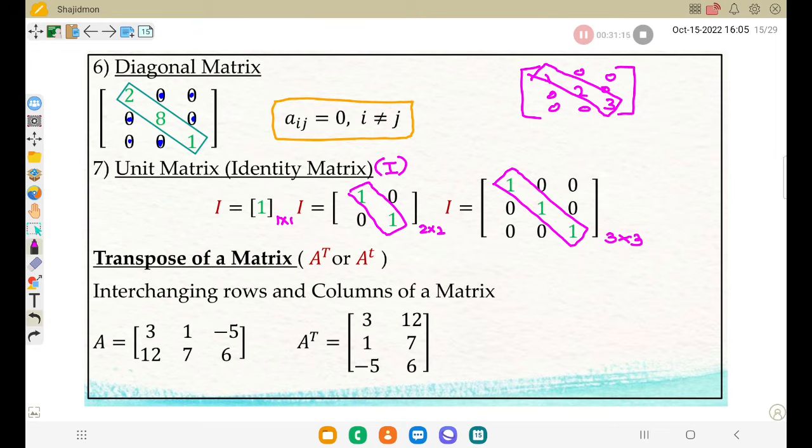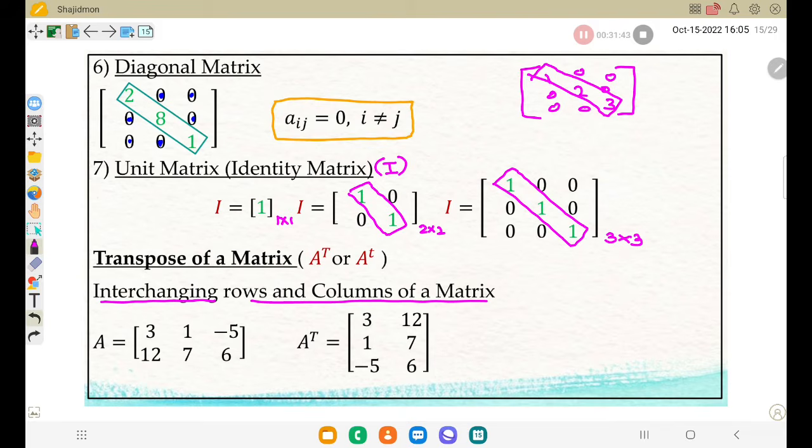Now we will go to the transpose of a matrix. Transpose of a matrix is represented by A power capital T or A power small t, A transpose. What we do for that is interchange rows and columns. For example, A equals the matrix with rows 3 1 minus 5 and 12 7 6. We need to calculate A transpose.